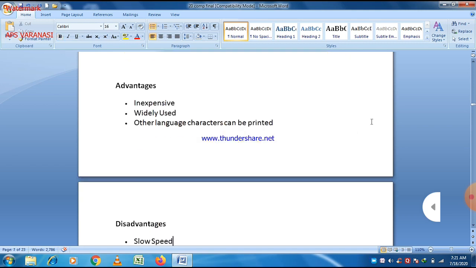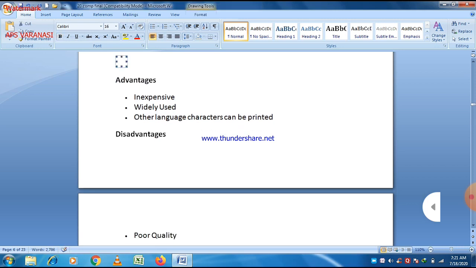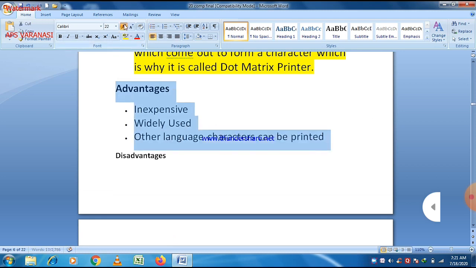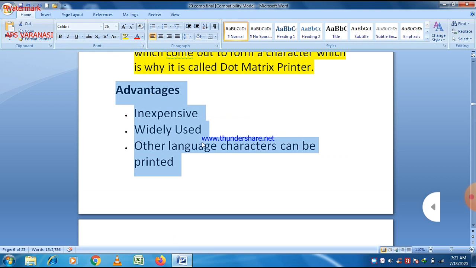Now the advantages of dot matrix printers. First of all, they are inexpensive, they are widely used, and other language characters can be printed.